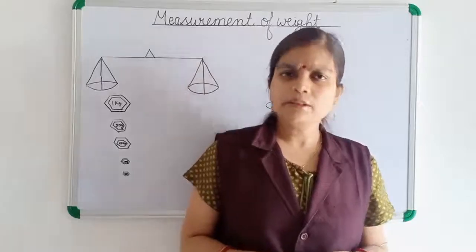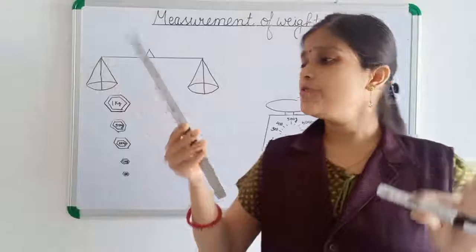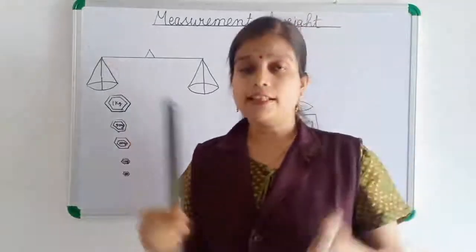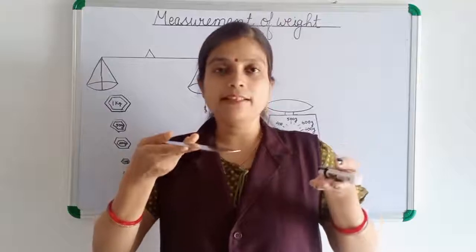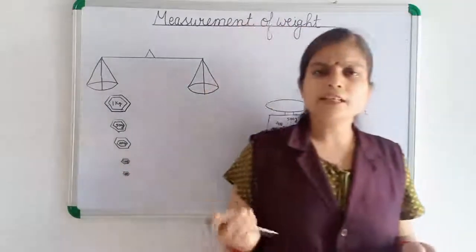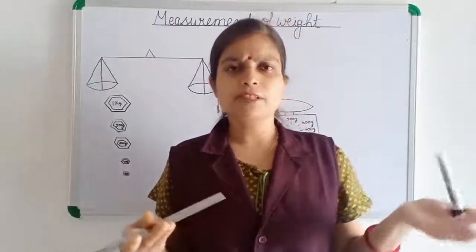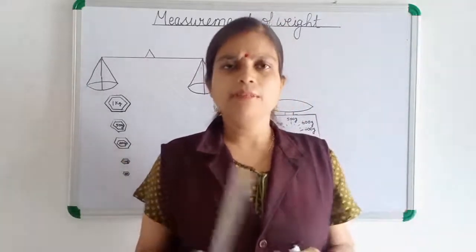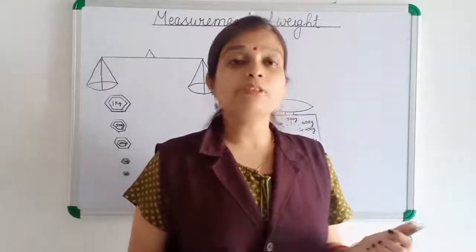We are unable to say what is the weight of this and that by only doing like this or by guessing. Maybe approximately we can say this much may be equal to this much gram, but we can't give an accurate answer.